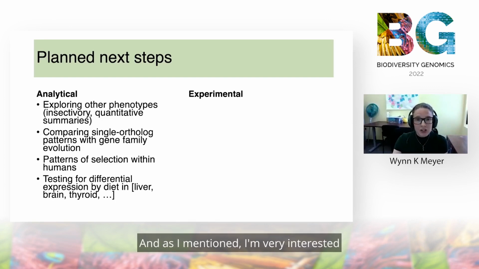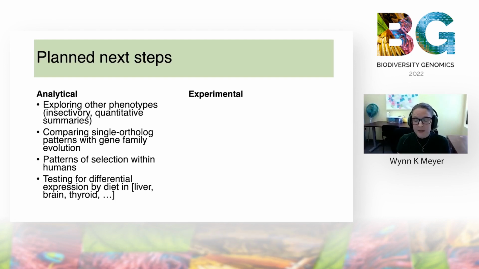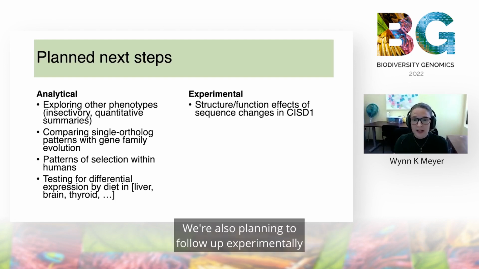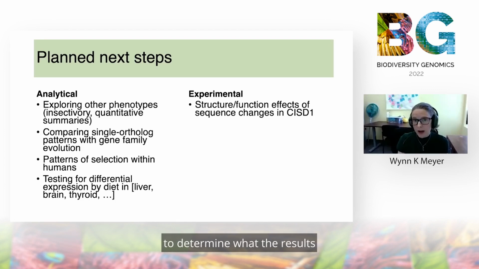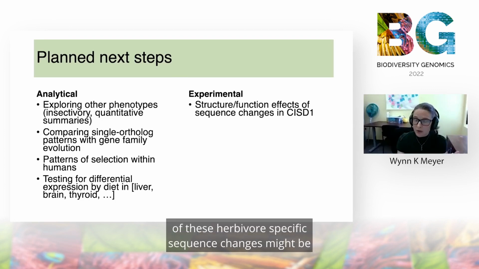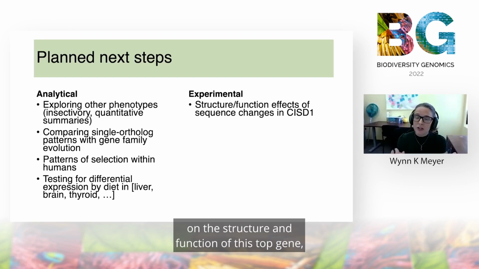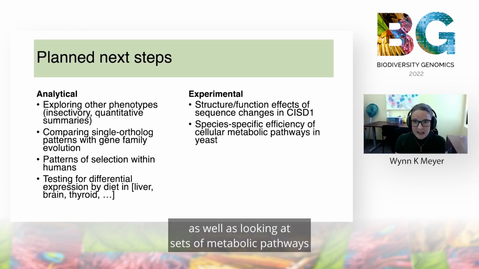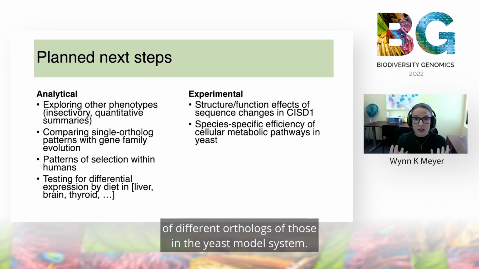And as I mentioned, I'm very interested in comparing molecular evolution patterns with those of differential expression in specific tissues of relevance to diet. We're also planning to follow up experimentally to determine what the results of these herbivore-specific sequence changes might be on the structure and function of this top gene, as well as looking at sets of metabolic pathways that operate at the single cell level, testing the effects of different orthologs of those in the yeast model system.